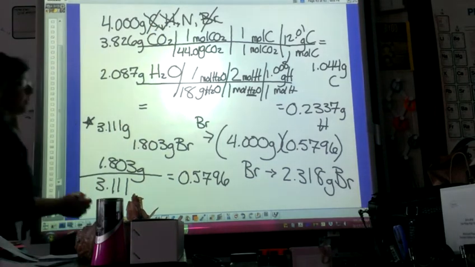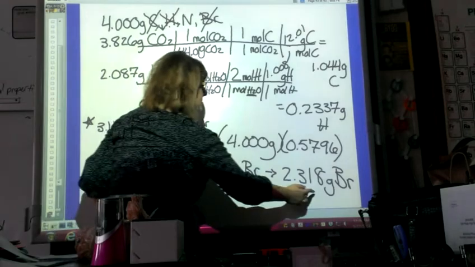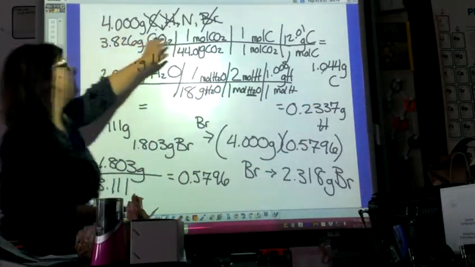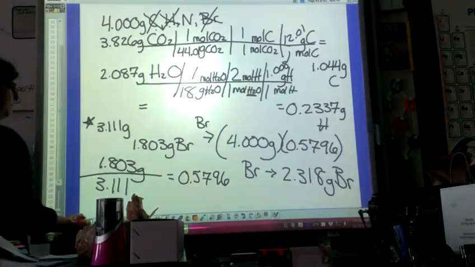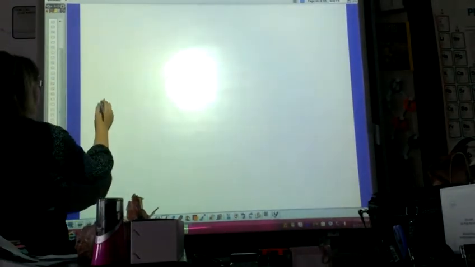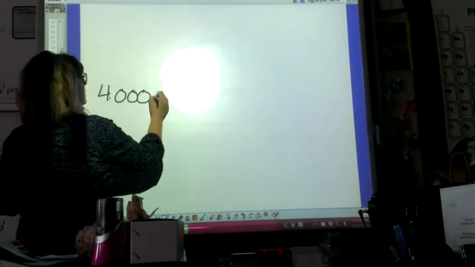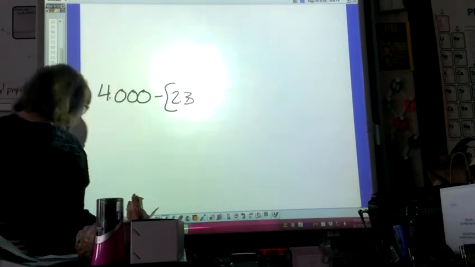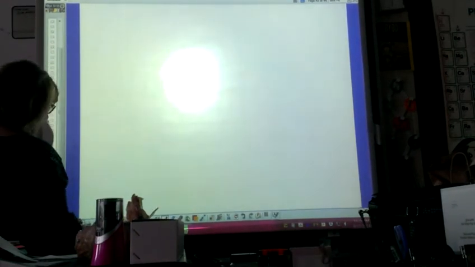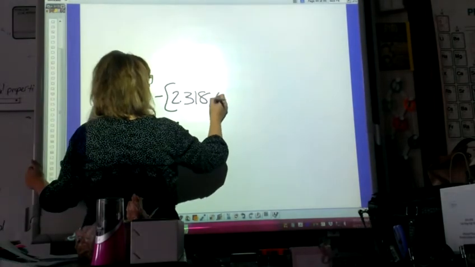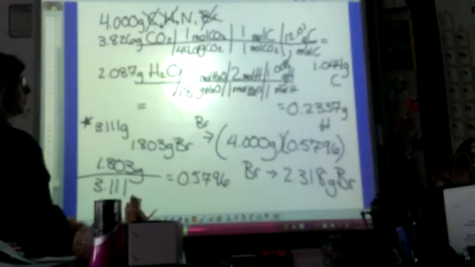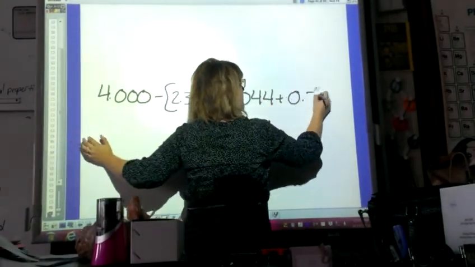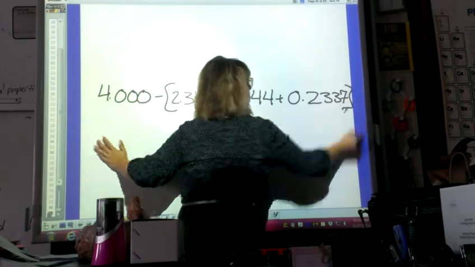So how about I take bromine's mass, hydrogen's mass, and carbon's mass, and subtract them from 4, and then that will give me my mass of nitrogen, okay? So if I do that, we should get 4 minus 2.318 minus 1.044 minus 0.2337.